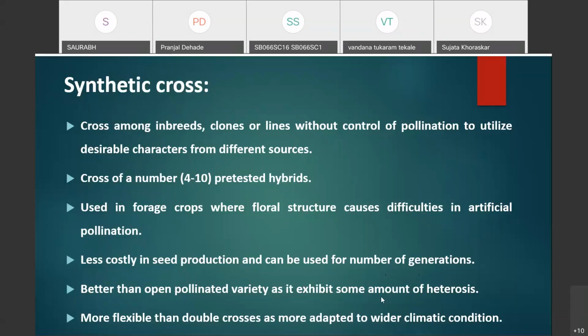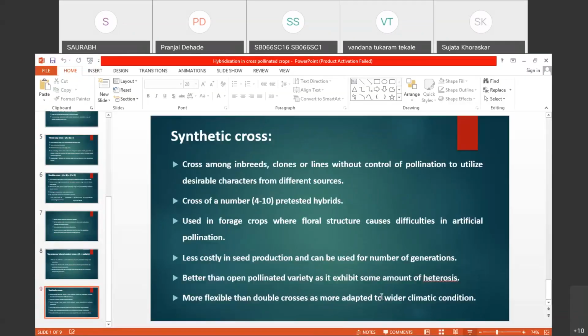Okay, in this lecture we have discussed the hybridization method in cross pollinated crops. Thus we have completed the hybridization method in self-pollinated crops and the hybridization method in cross-pollinated crops.